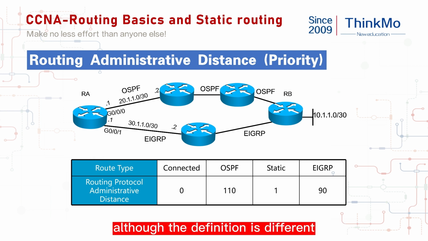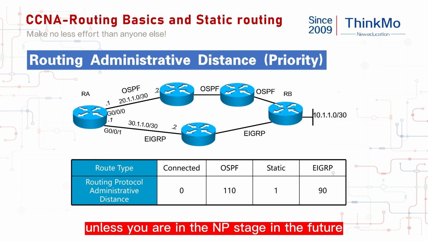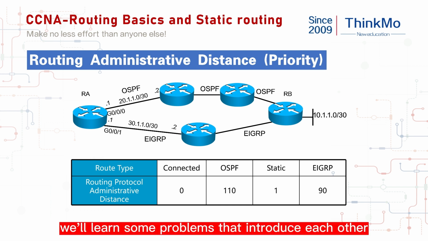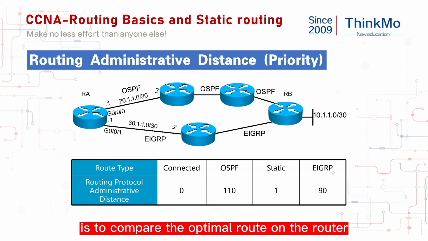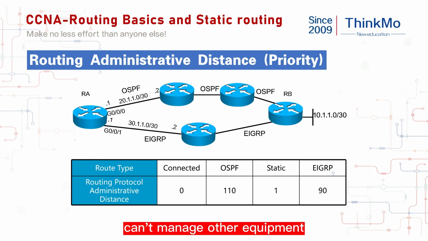Although the definition is different, the final calculation results are almost the same, unless you are in the NP stage in the future, where we'll learn some problems that introduce each other. In the NA phase, only remember the locally effective administrative distance is to compare the optimal route on the router. It only manages this device and can't manage other equipment.